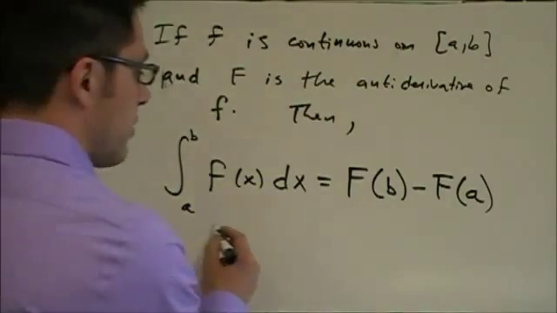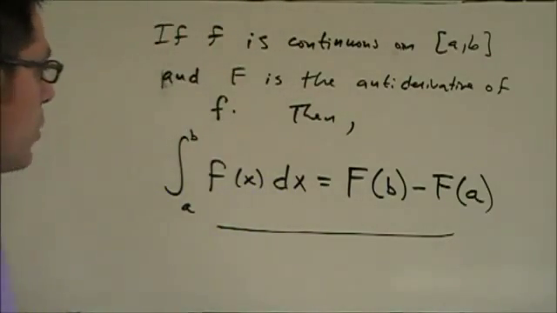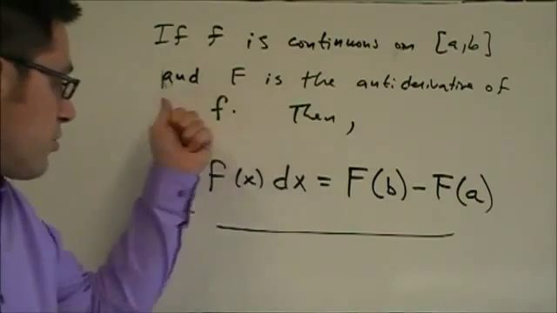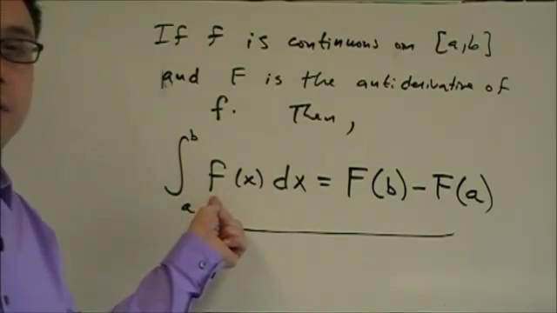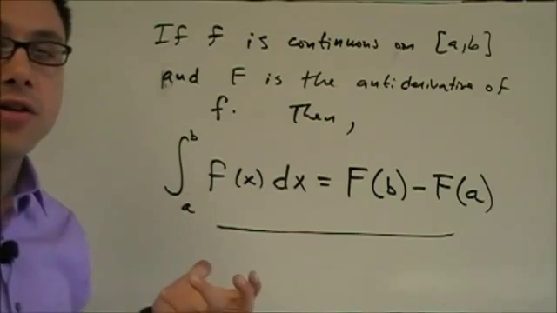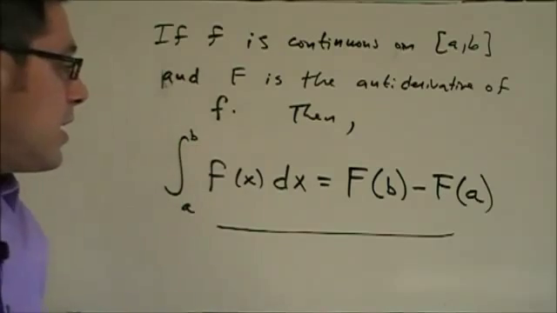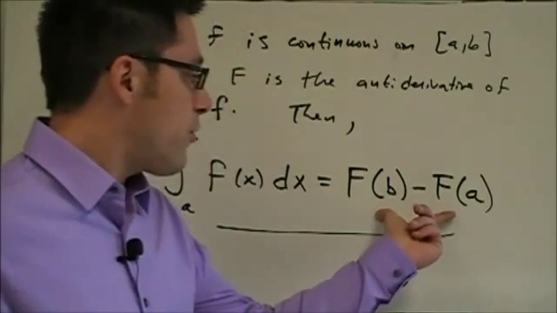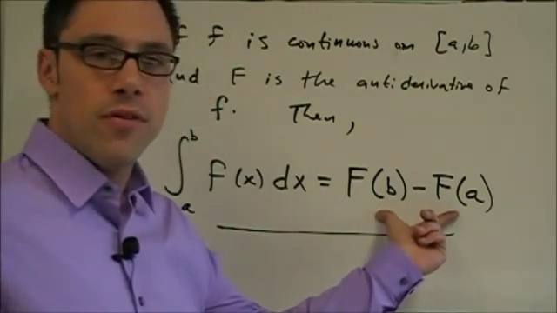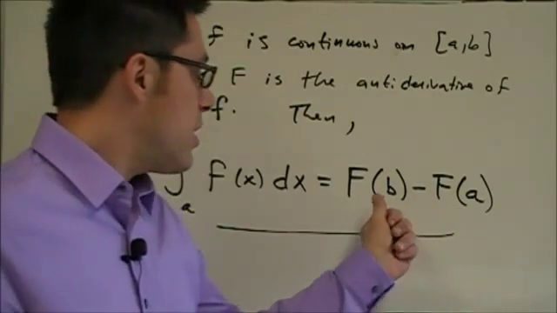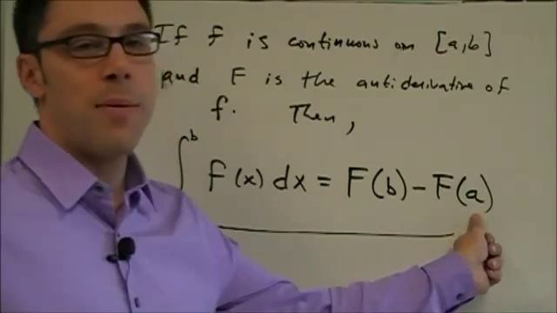That's exactly the fundamental theorem of calculus. And again, what it says is, if I want to compute the definite integral of my function f, in other words, I want to know the area underneath the curve f between points a and b, it's exactly equal to the difference in the antiderivative at the values b and a. So it's capital F at b minus capital F at a.